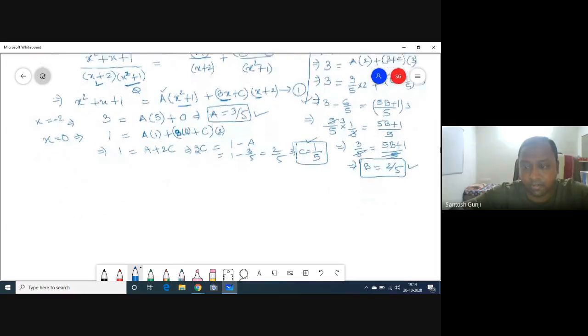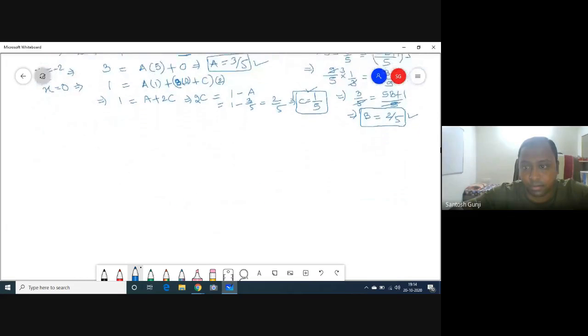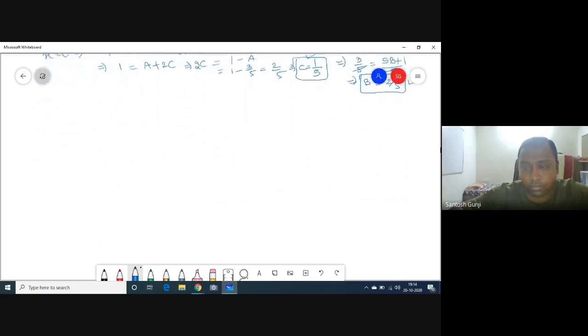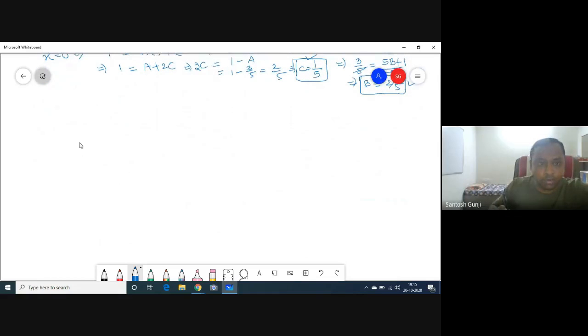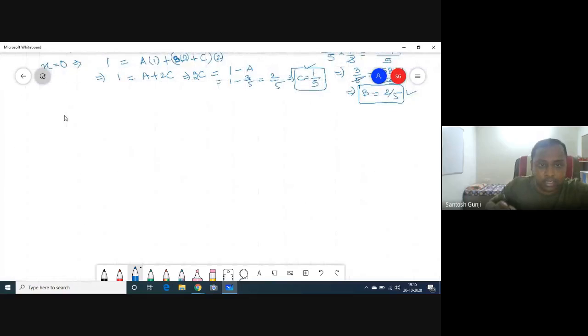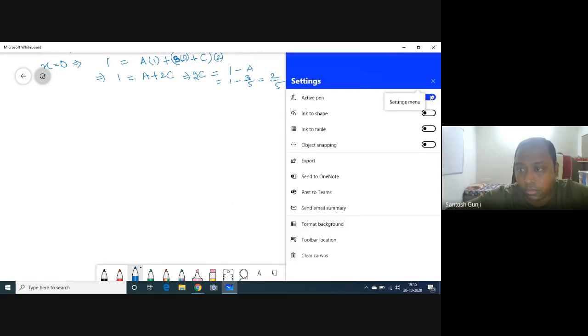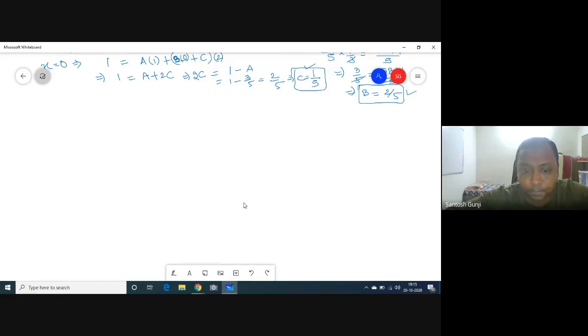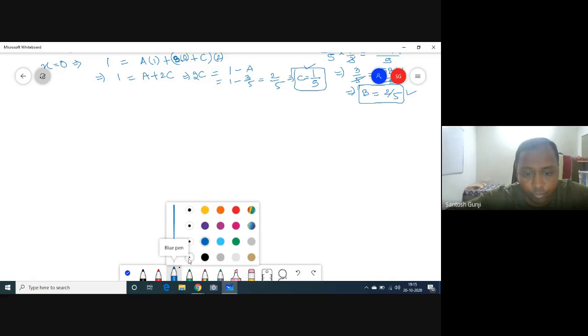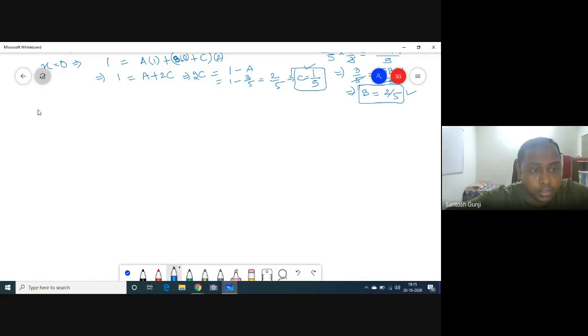A is 3 by 5, B is 2 by 5, C is 1 by 5. Now I am going to split this. So observe this part.